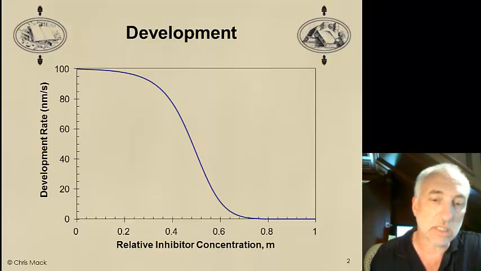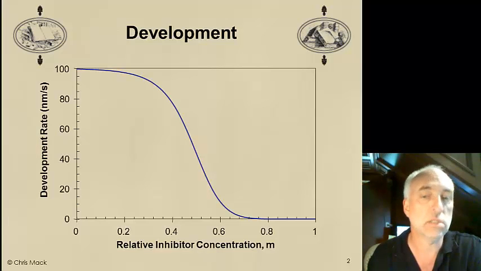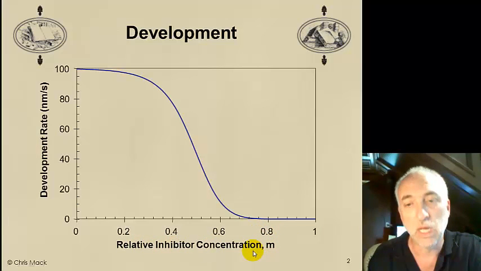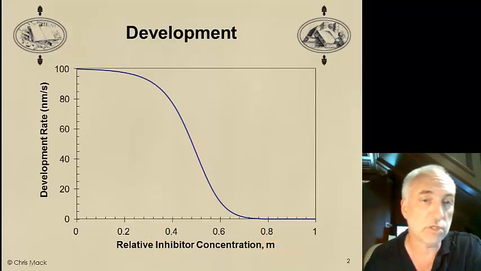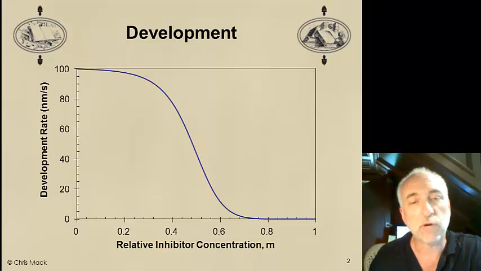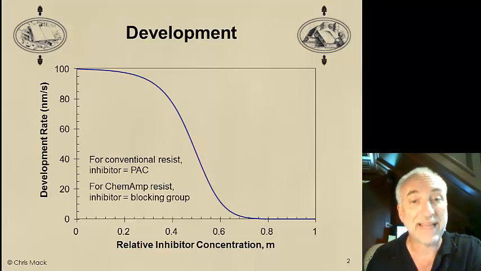Then the thing that controls the dissolution will be the relative inhibitor concentration, little m. For a DNQ resist, that's going to be the concentration of the DNQ. For a chemically amplified resist, that's going to be the blocking group or the protecting group on the polymer.